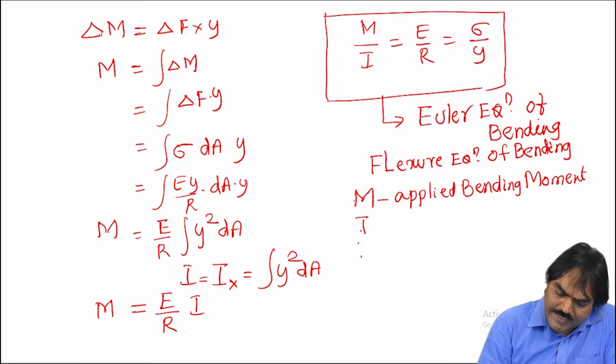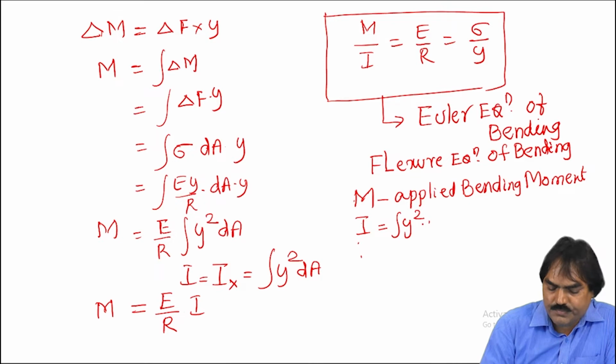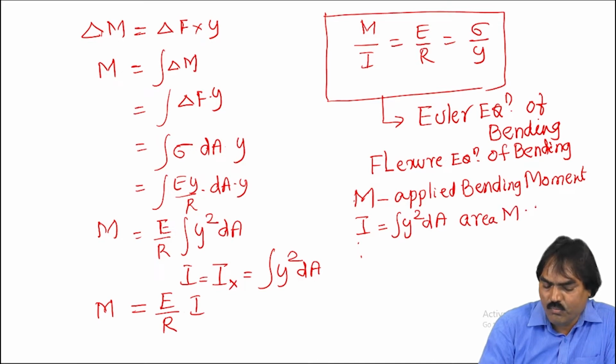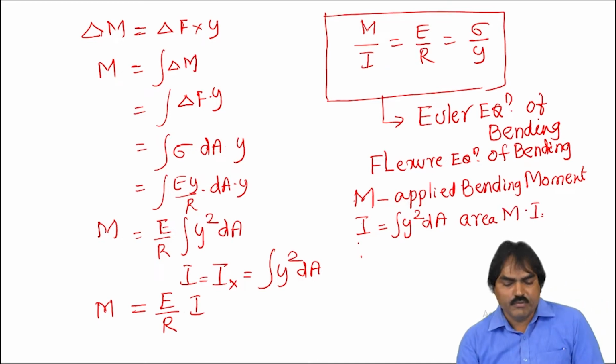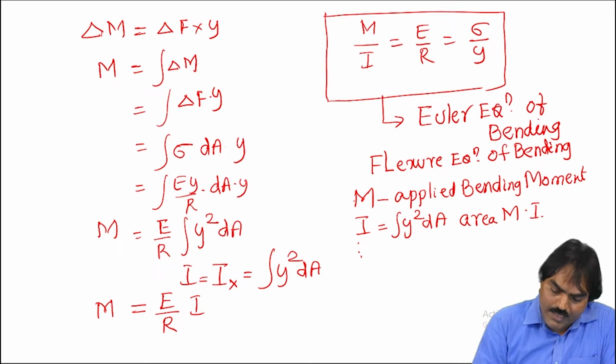I is the area moment of inertia of the cross section, Y square dA. This is the area moment of inertia. Okay.